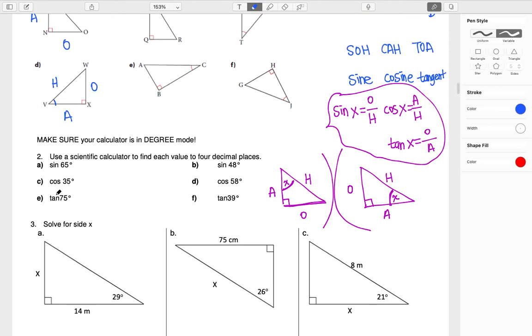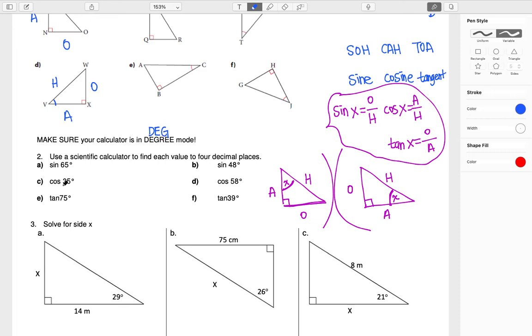Now this time, I want you to take out your calculator and make sure your calculator is in degree mode. At the top, you will see DEG. Okay. Now, using your scientific calculator, I want you to find these three buttons: sin, cos, and tan.